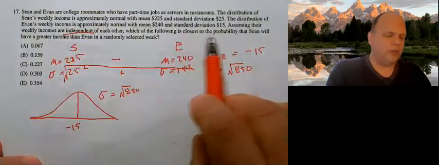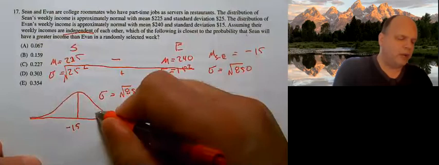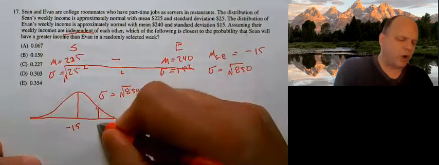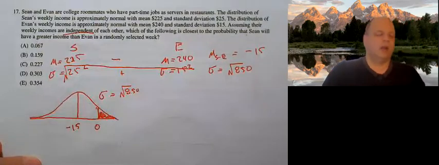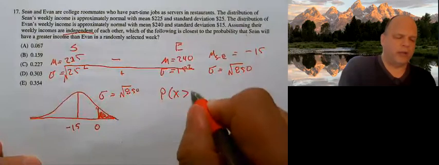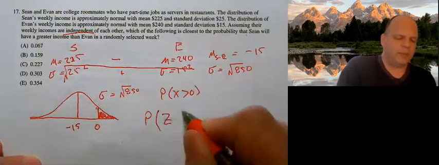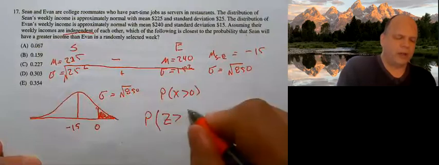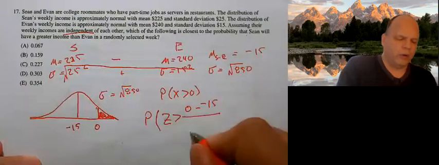Which of the following is closest to the probability that Sean will have a greater income than Evan? To be greater than Evan, I have got to cross 0. So I am looking for the probability that X is greater than 0. So that's going to be the probability that Z is greater than 0 minus negative 15 over the square root of 850.